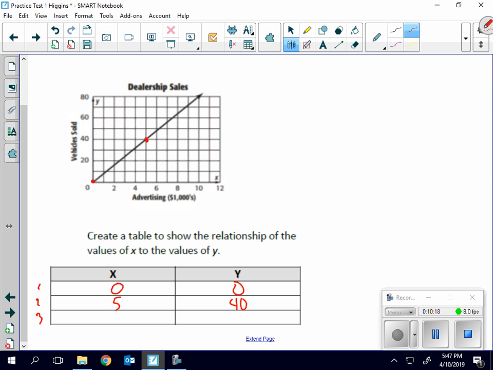Reading the x, which is 5 here, and the y, which is 40. The last one that I see one way up at 1080. You see that point way over there? 1080. And honestly, I don't care as long as you picked a point and it made sense to me, that would be fine. There are many options for that problem.